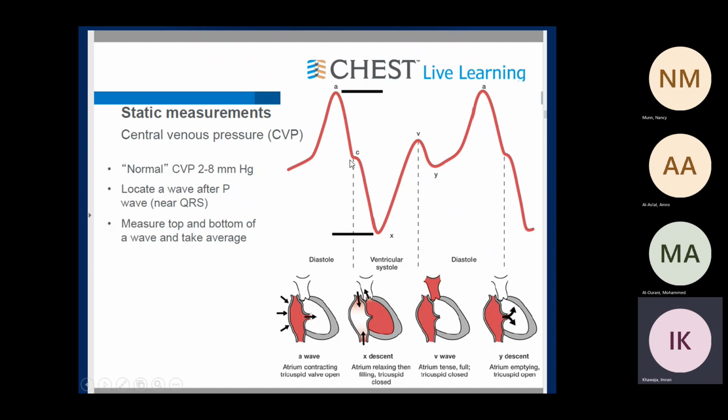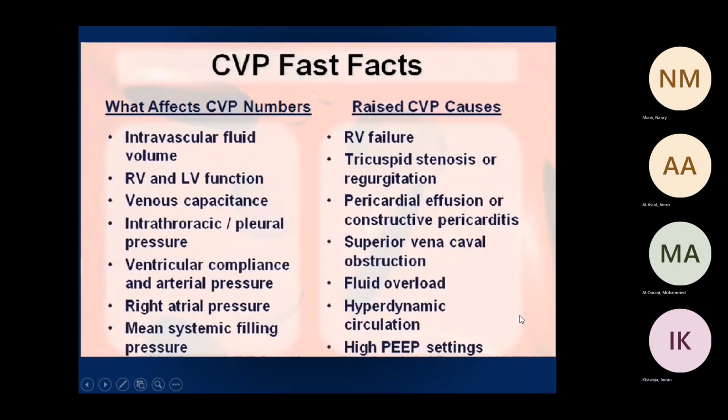Okay, and again, just to summarize, the A wave is when the atrium contracts, so the tricuspid valve will be open, and then the X descent, which is relaxation of the atrium, and the V, which is filling up of the right atrium, so the valve will be closed, and the Y when the tricuspid valve opens again, so you have the wide descent.